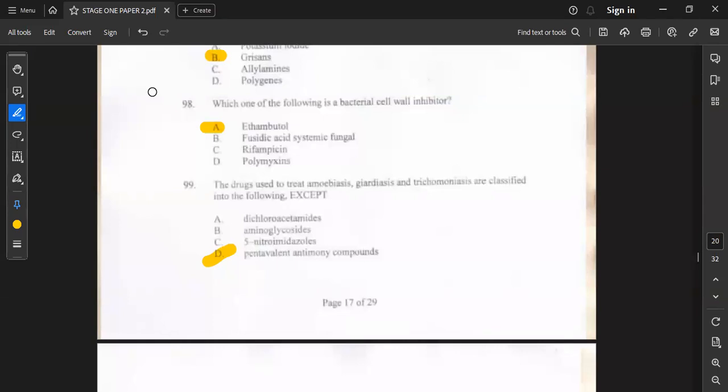Under luminal, if you're sure the amoeba has attacked only the luminal, you only give paromomycin, that's the aminoglycoside, and diloxanide. But if it's extraintestinal or mixed, we have both the extraintestinal and the intestinal, you give the azoles, the imidazoles: metronidazole, tinidazole, and secnidazole. But if it's extraluminal only, we give chloroquine.